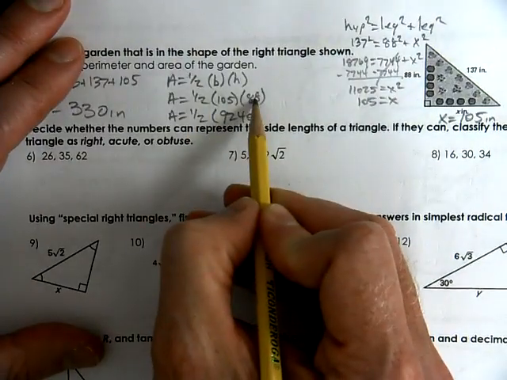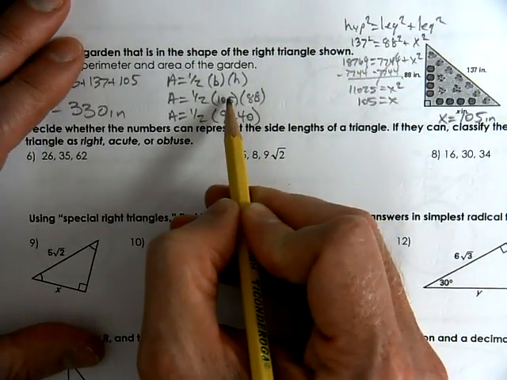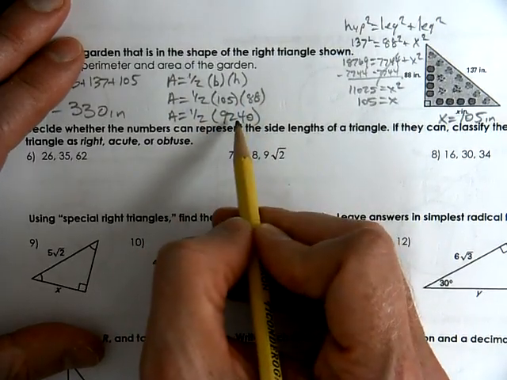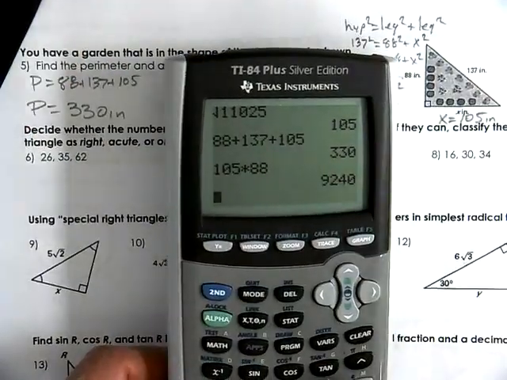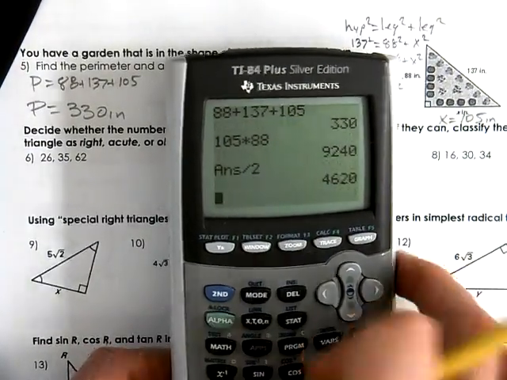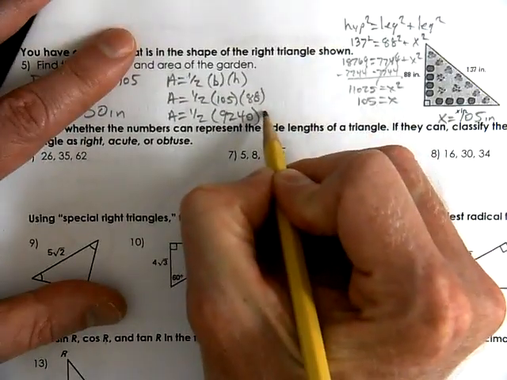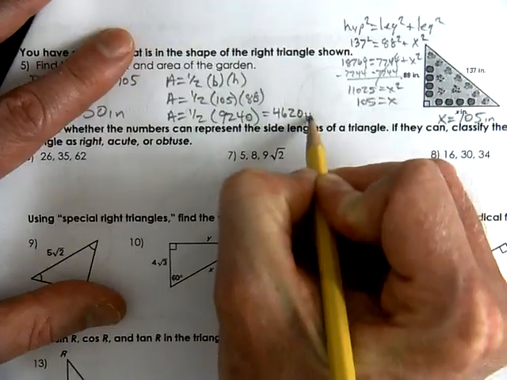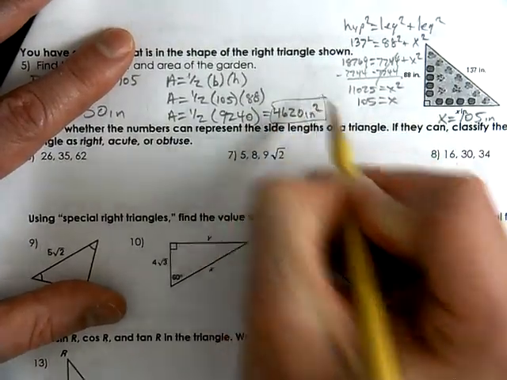Or you could take half of the 88 and times that to 105. I haven't used the half yet. I've times the two together. Now I'm going to take half of it, divided by 2, or times a half. So that equals 4620 inches squared.